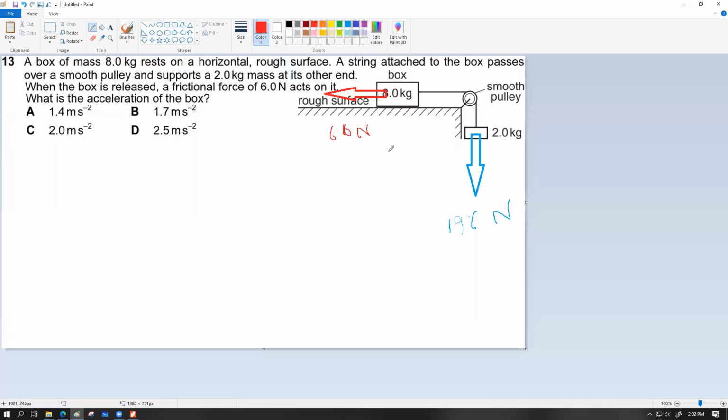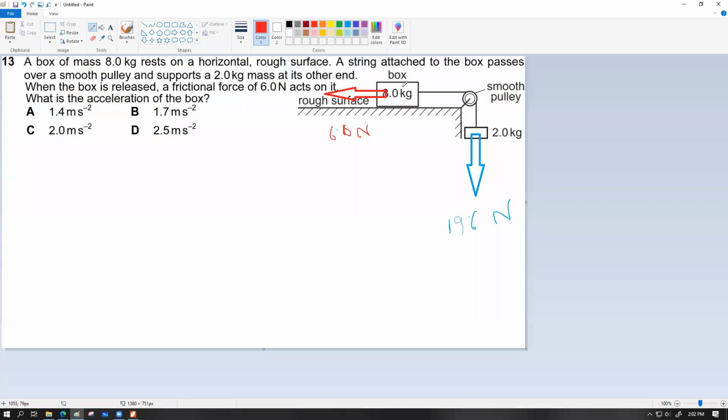Now, consider this entire thing, the box, the string and the attached mass, as a single body. Whenever this falls down, this will move to the right. If this one moves to the left, this one rises up. At any point of motion, the string attaches these two objects and will always be taut. Which means this one's velocity and acceleration would be the same as this one's.